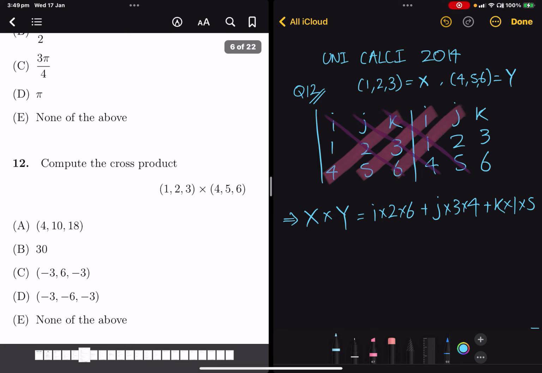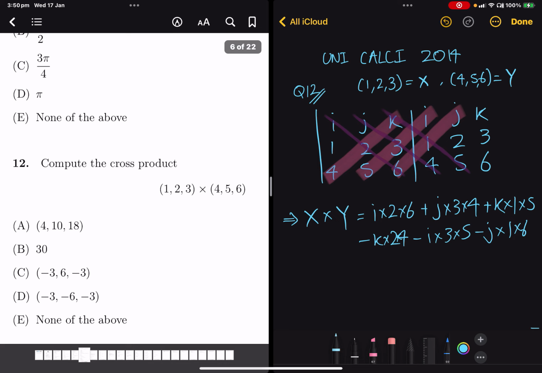These are all subtracted from these 3 terms. So we get minus k times 2 times 4, minus i times 3 times 5, minus j times 1 times 6.